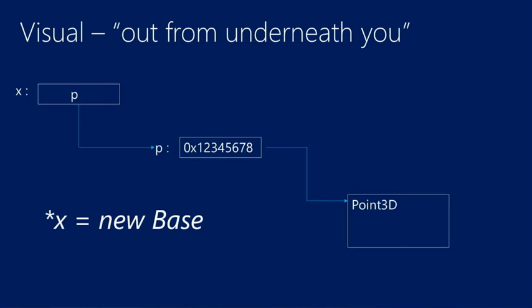And so effectively what we did was we created that Base object, got rid of that, clobbered that pointer, and now we changed what P points to. We basically changed out from underneath you what was going on. That's our terminology for when we're trying to track pointers and figure out what's going on.